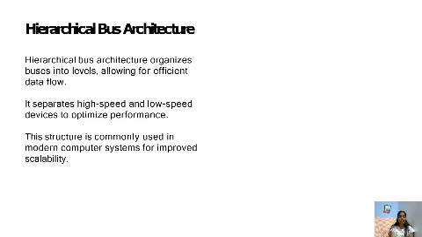It is organized this way for the fastest data flow: it separates high speed and low speed devices to optimize performance, so one bus will have high speed and another will have low speed.